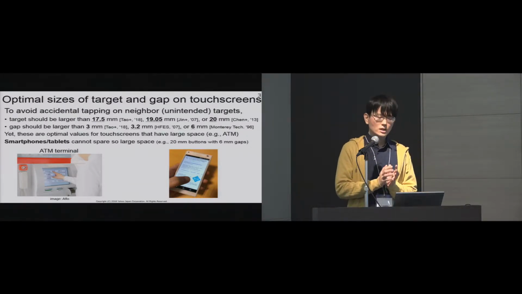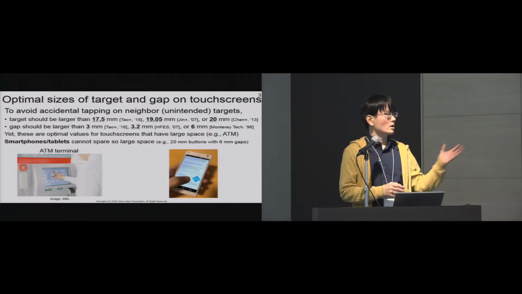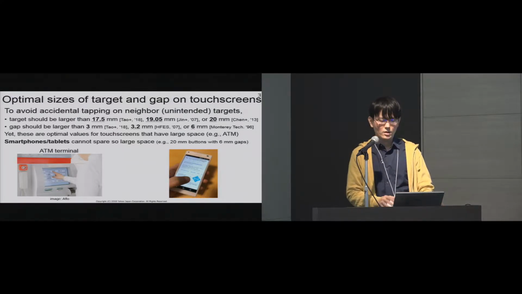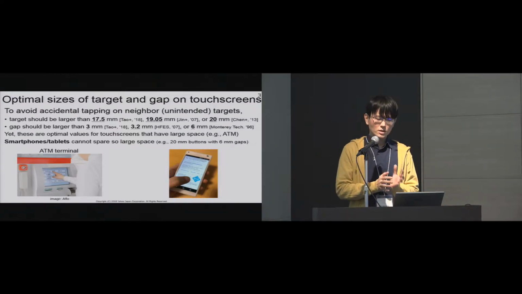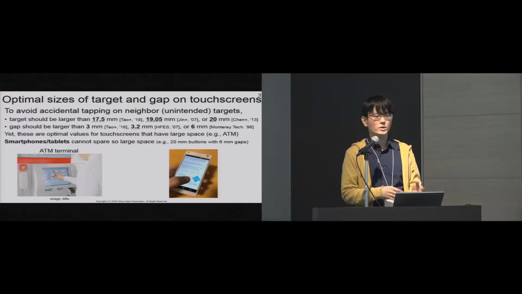However, these guidelines show the optimal values for large touch screens like ATM kiosk terminals. So these guidelines cannot be directly applied to GUI designs for smartphone apps or tablet apps.